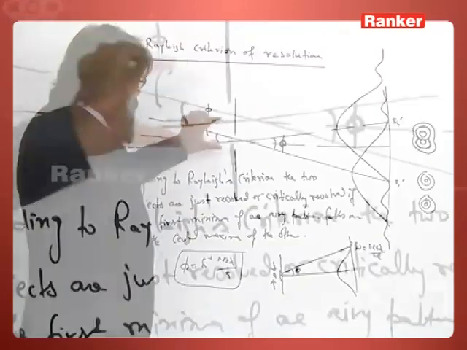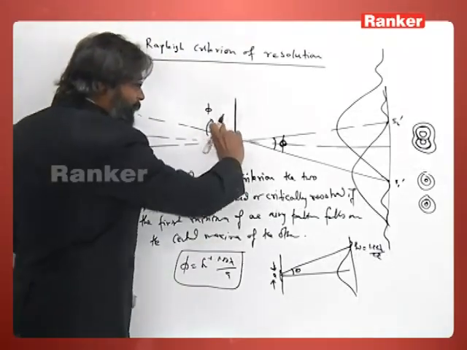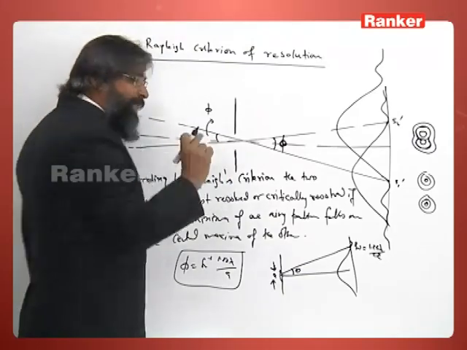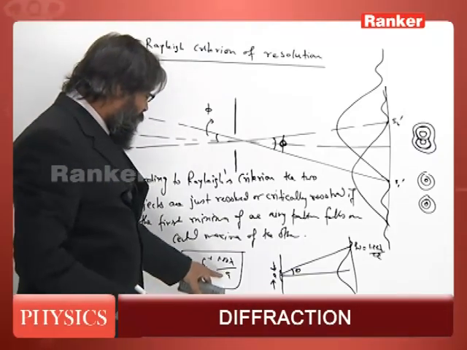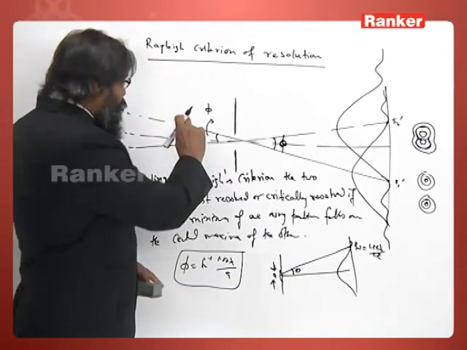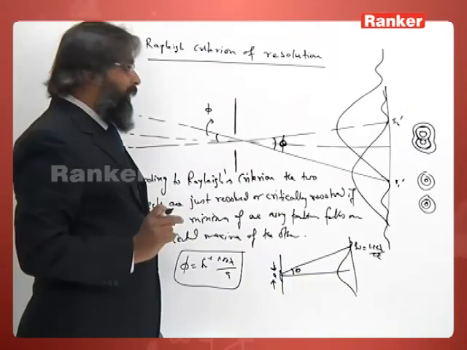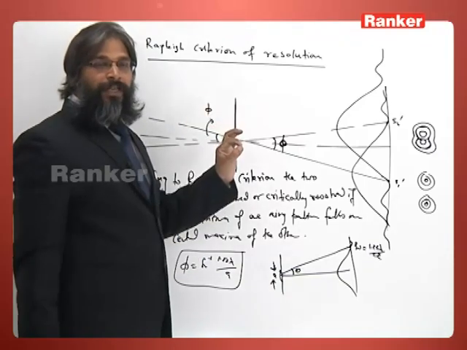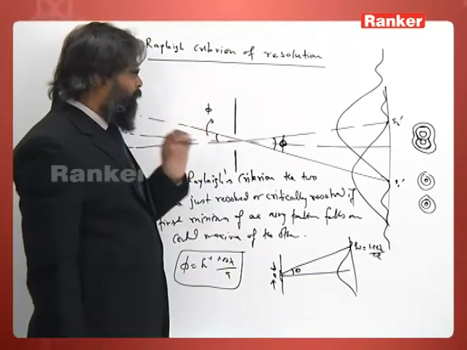So if a camera lens has an opening of this much, then this is the diameter of the lens, any telescope or any optical device. How much the resolving power will be is simply proportional to the diameter. The larger this A, the smaller the angle, so finer things, that means we can resolve two closely spaced objects. So the larger the diameter of the lens, the better the resolving power and the better the image quality of the camera.